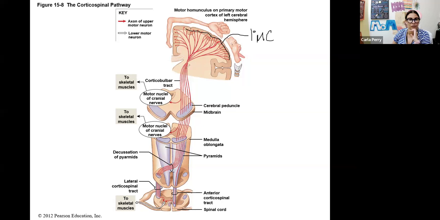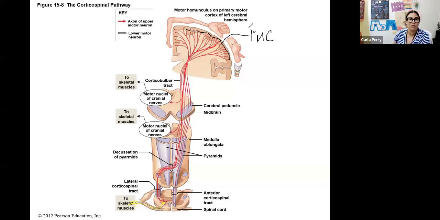The upper motor neurons travel down, down, down. Upper motor neuron then synapses on the lower motor neuron. The lower motor neuron is the only one that exits the central nervous system. It exits through the spinal cord. And where does it go? It goes to skeletal muscles, because we are talking about somatic motor pathways, voluntary motor pathways, which only involves skeletal muscles.